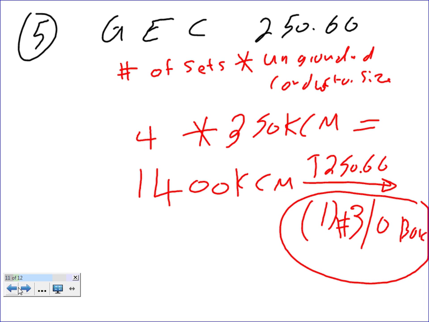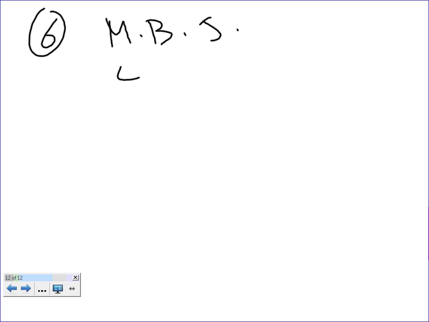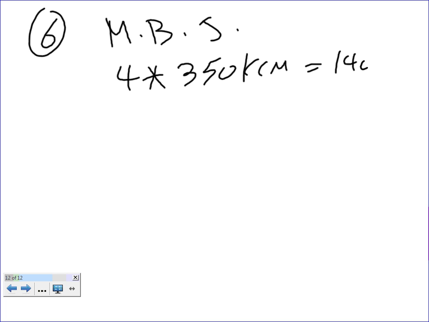3 sets. Okay, number 5. Number 6. What's number 6, my friend? Main bonding jumper. For the main bonding jumper, you do the same thing. You take the 4, multiply by 350 kcmil, equal 1400 kcmil.